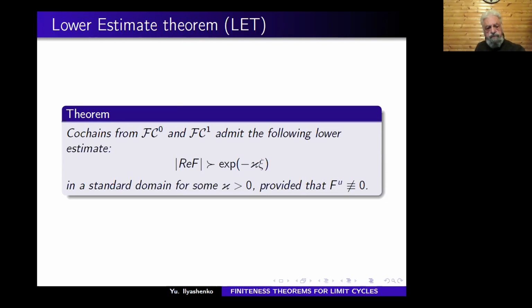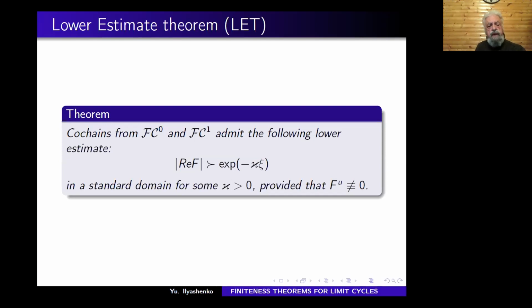So the most important theorem of the theory, one of the most important, is the lower estimate theorem. This theorem claims that cochains of our two classes admit the following lower estimate.